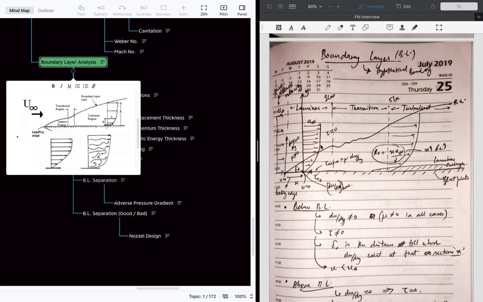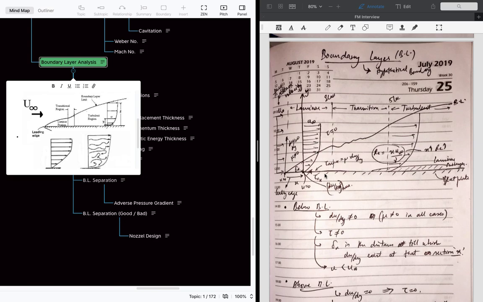After this point, the velocity gradient is zero because the slope is zero. That is why there is no shear stress or drag stress after this boundary layer. That means the fluid flowing above this layer has the free stream velocity.